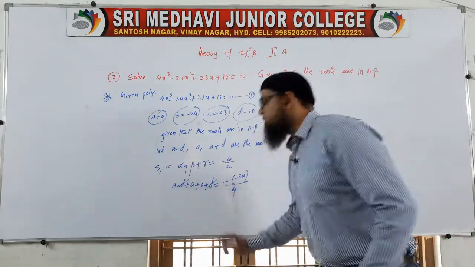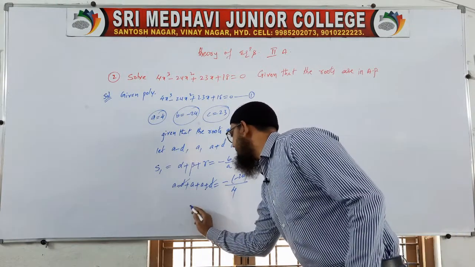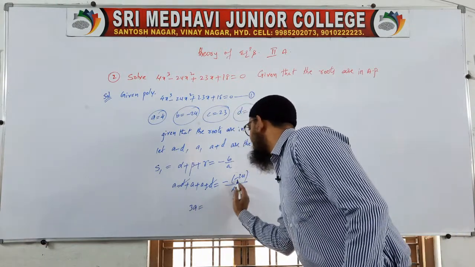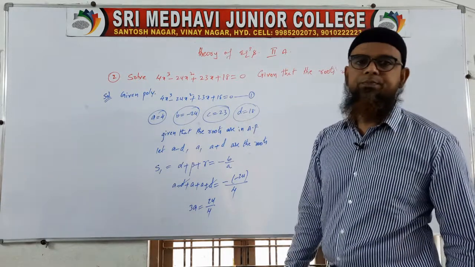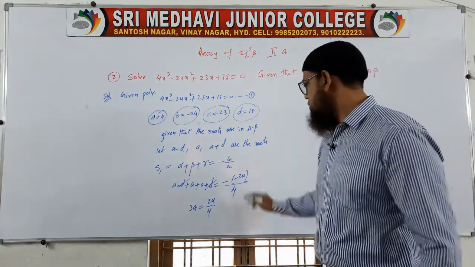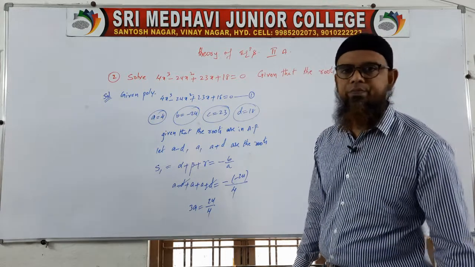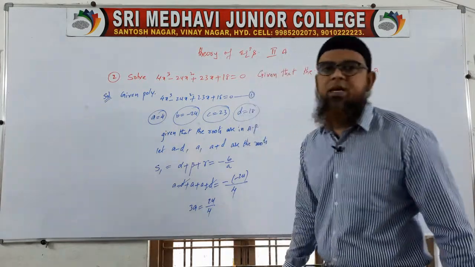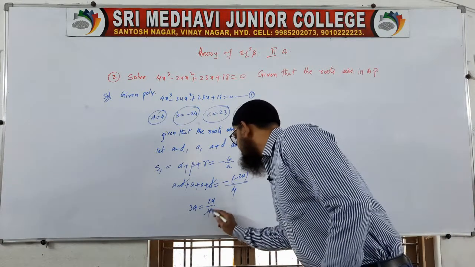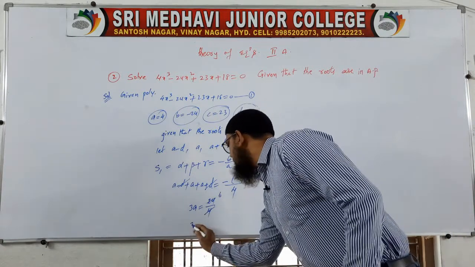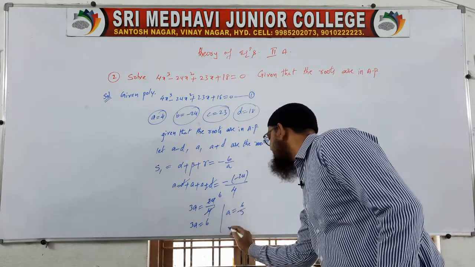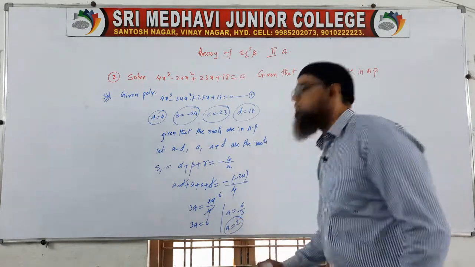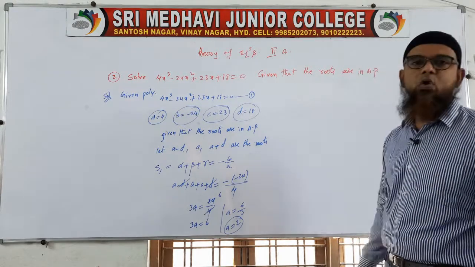So minus d plus d gets cancelled. a plus a, we are getting 3a is equal to minus into minus 24 by 4. 4 sixes are 24. So 3a is equal to 6, then a is equal to 6 by 3, then a is equal to 2. One root is over.